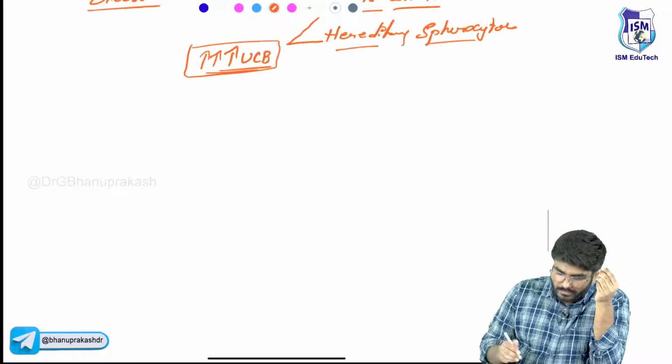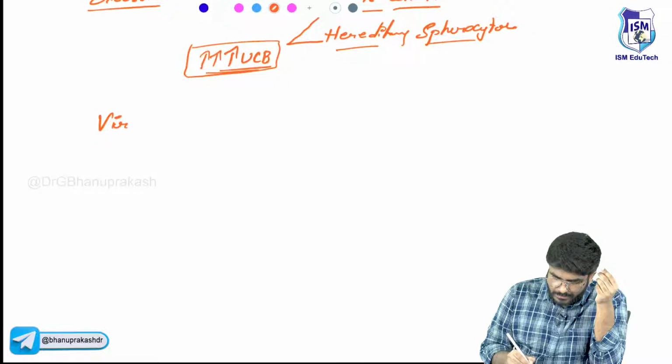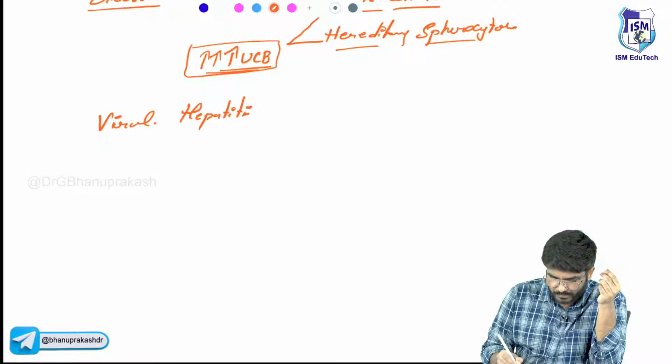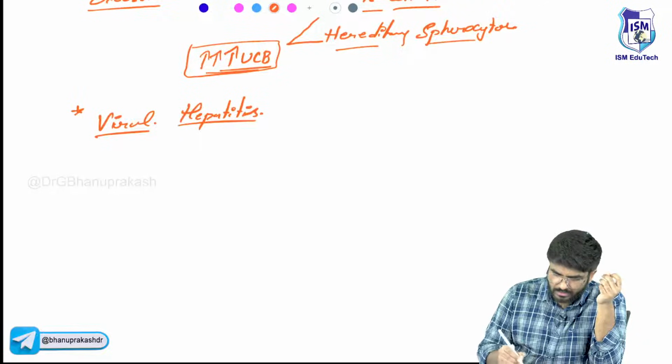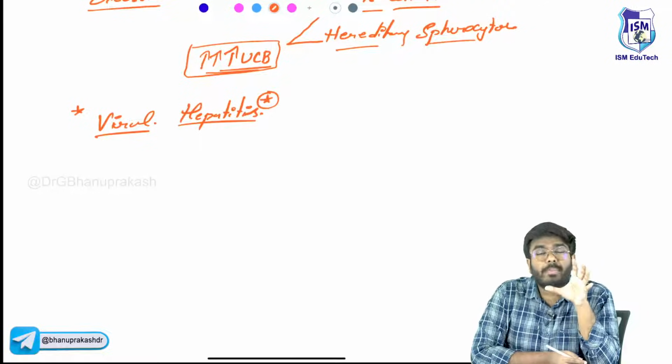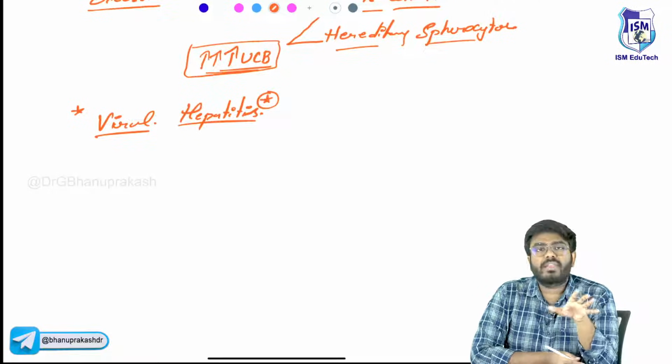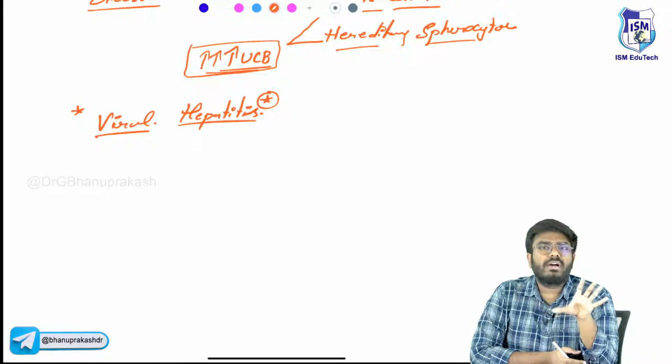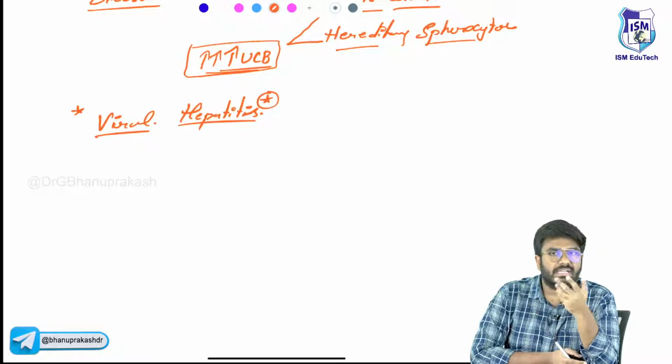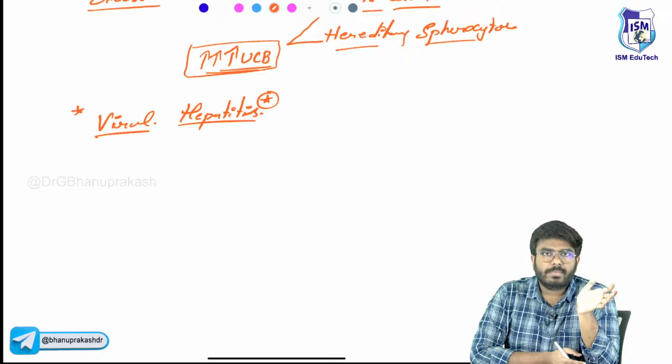Now, for example, the condition called viral hepatitis. In viral hepatitis, the hepatocytes are getting damaged. For example, if there are 100 hepatocytes, 30, 40 or 50 of them are dying.